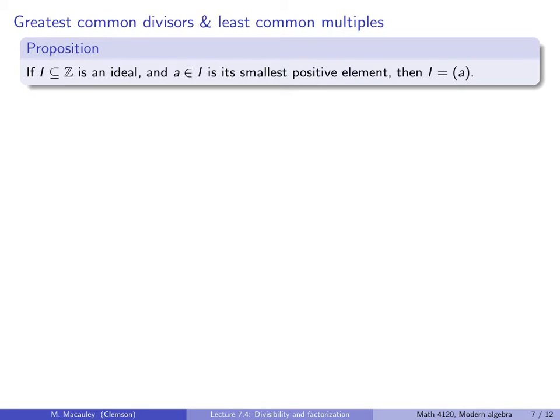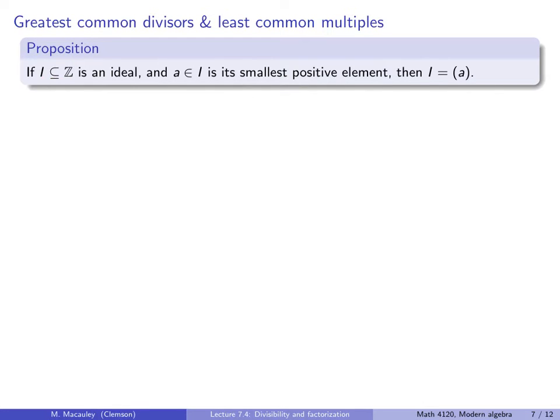Let's look into greatest common divisors and least common multiples in more detail. We'll start with the ring of integers because we're familiar with them. So first I want to prove that Z is a PID. So to do this, I'm going to take an arbitrary ideal I, and I claim that this ideal is not only principal, but I can tell you what it's generated by.